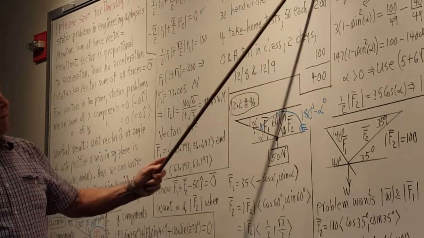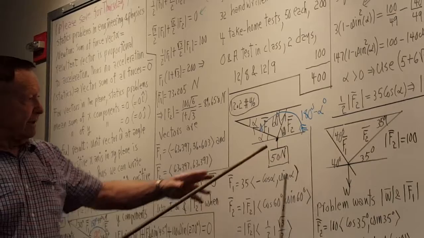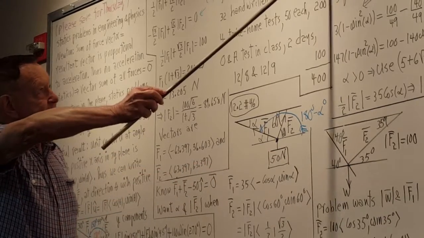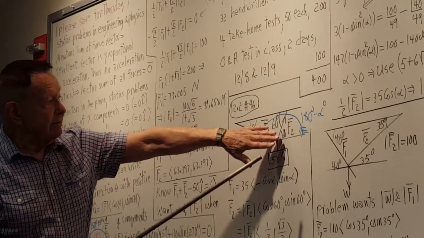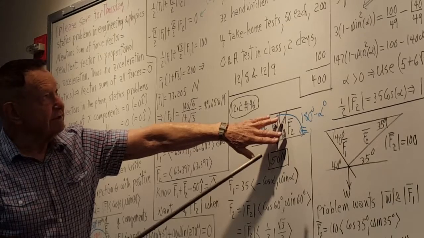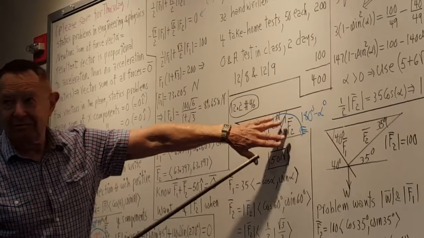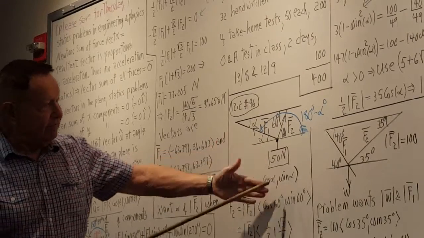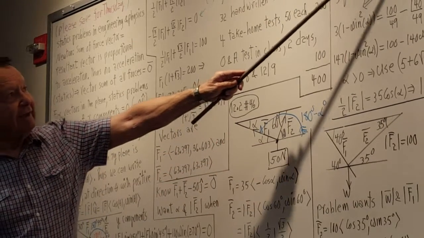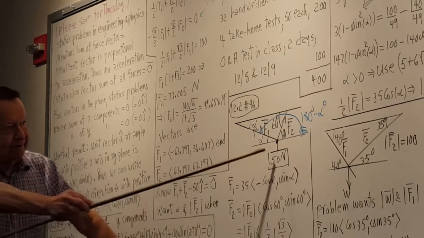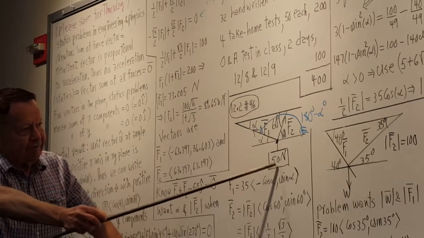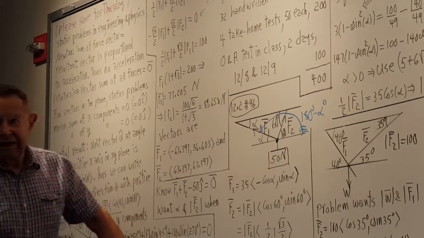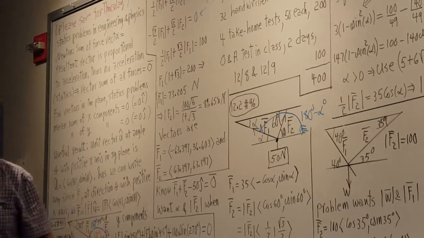And your vertical components are the 35 sine alpha, that's this one, the root 3 over 2, the sine 60 degrees, magnitude F2, that's this one, and then the 50 down, so minus 50 equals 0. Again, this vector, if you want to write it with the direction angles, is 50 sine of 270, which is the minus 1.